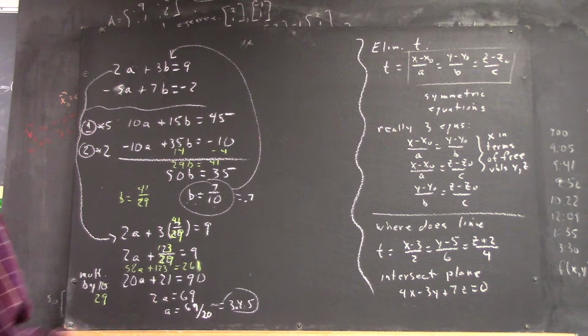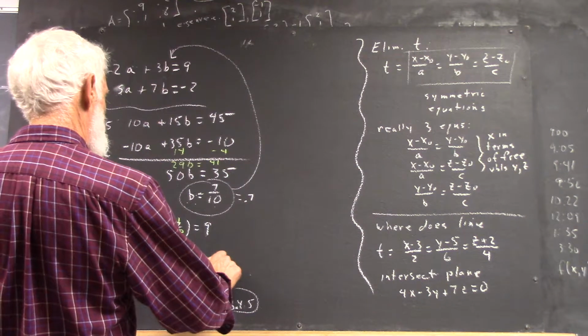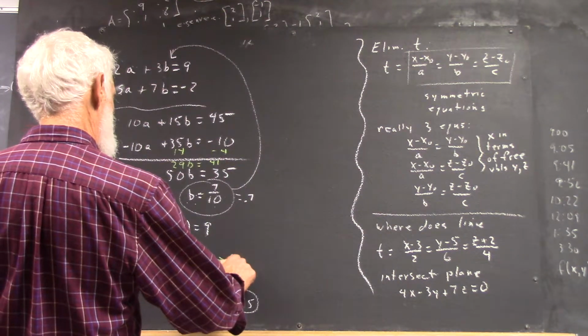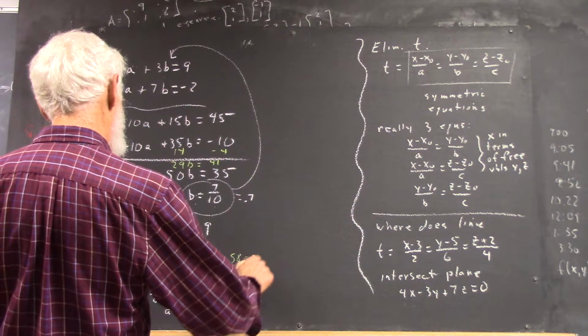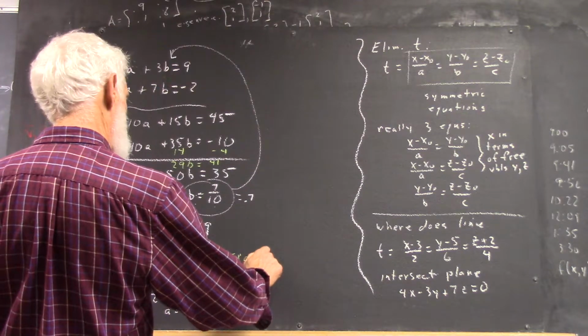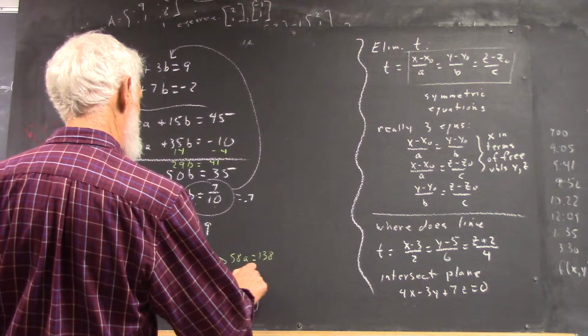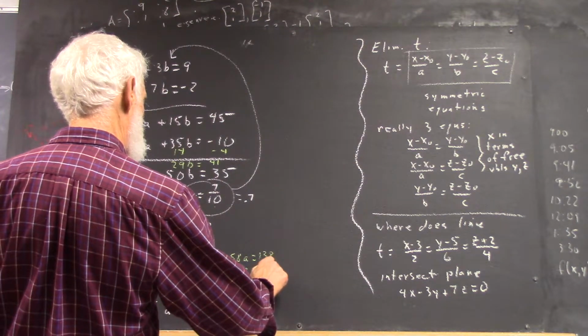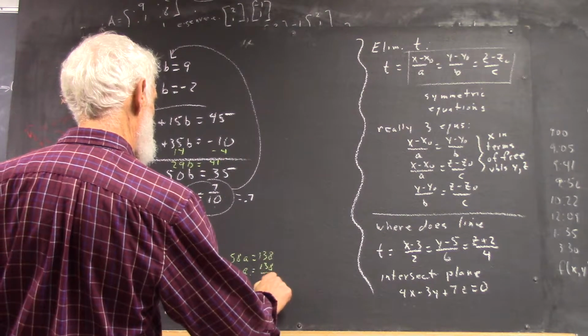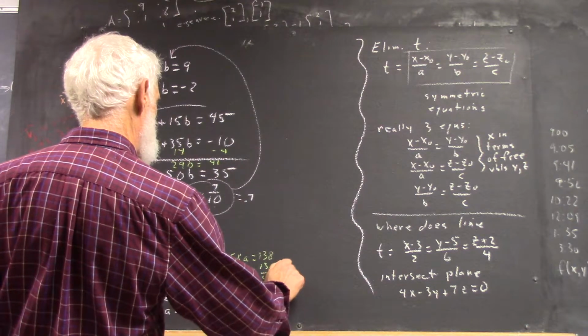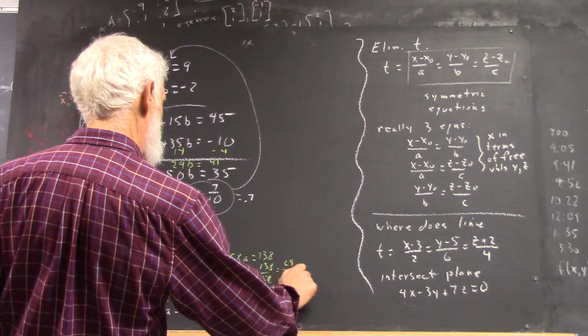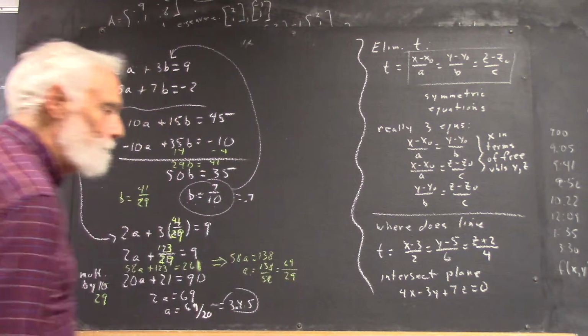Okay, and then we subtract 261, so 58A equals 138. Check me. 138 over 58, which reduces down to 69 over 29.